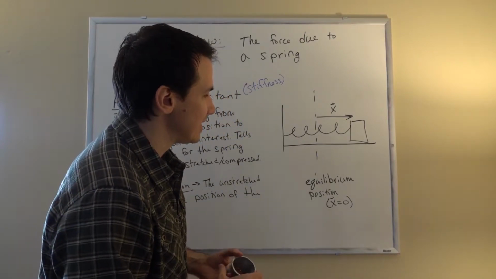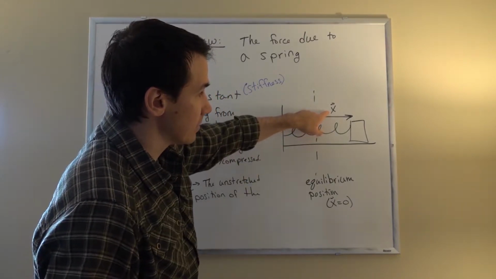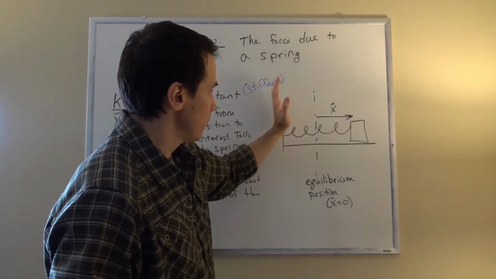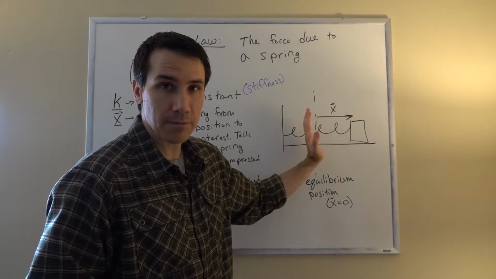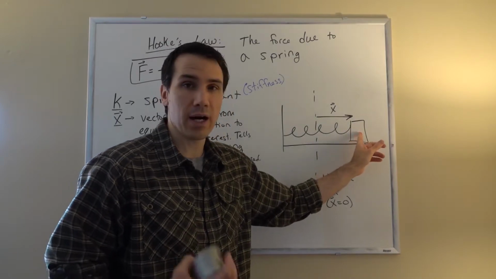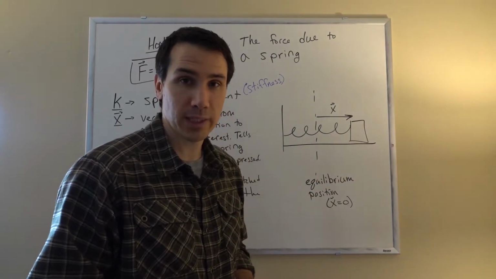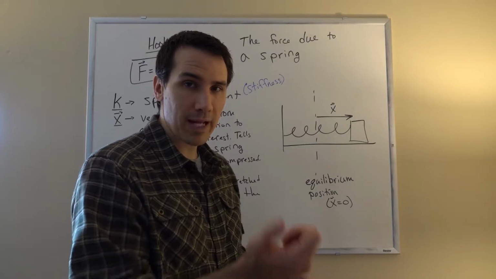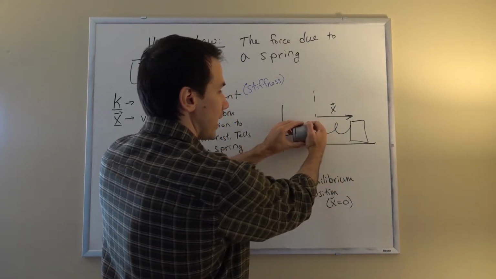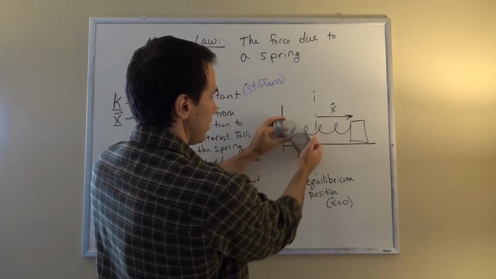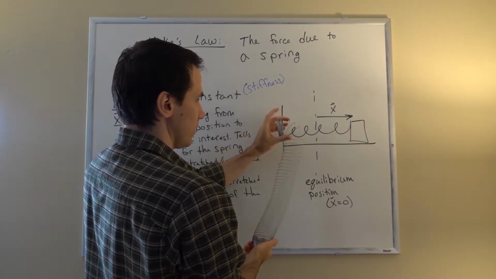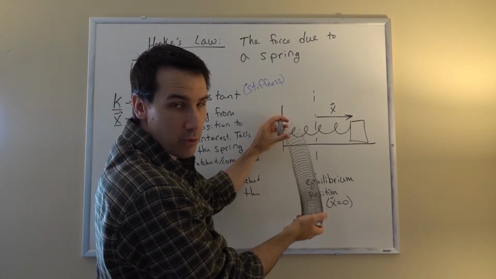And then the x vector points from the equilibrium position to where the object that I'm interested in is actually located, right? So imagine that my right hand is my box here, and my left hand here is a wall. So we're not going to worry about the force on the wall.